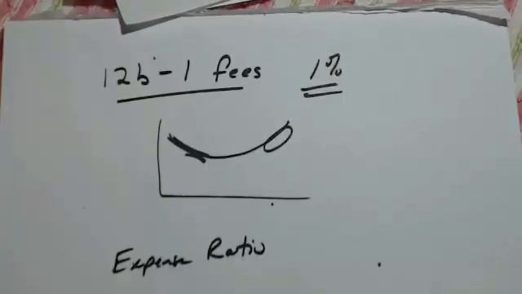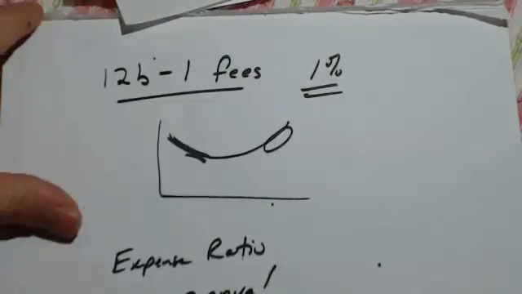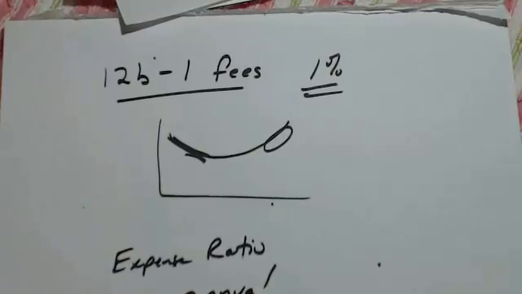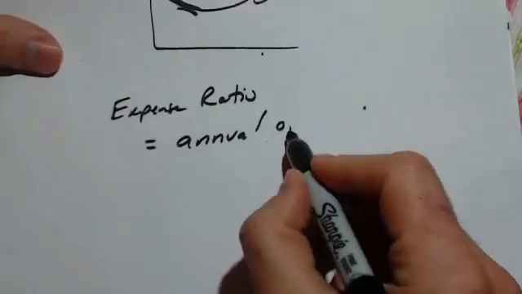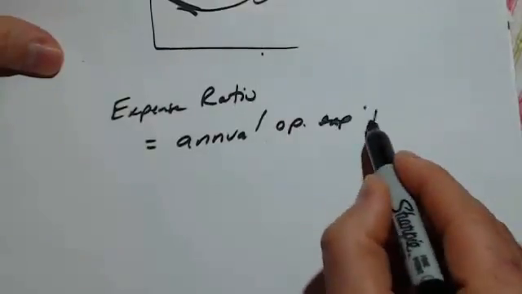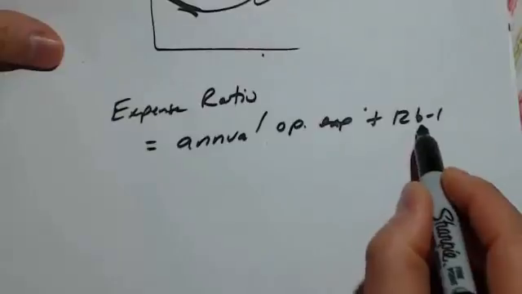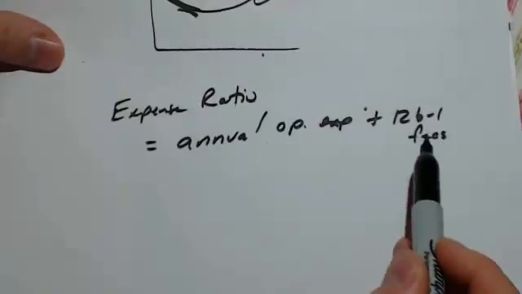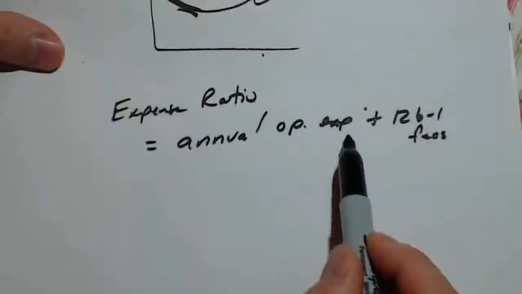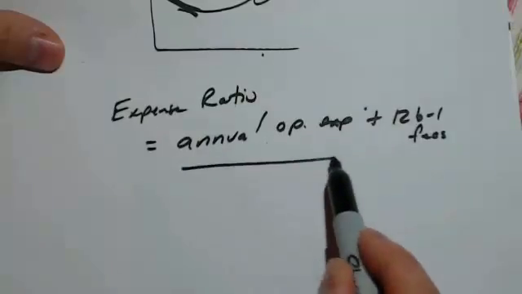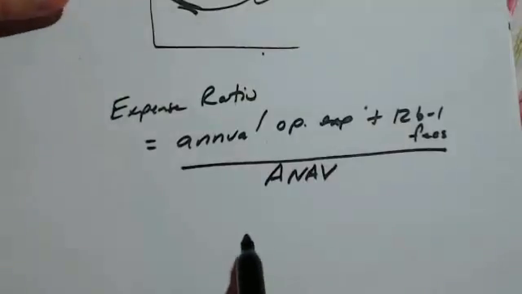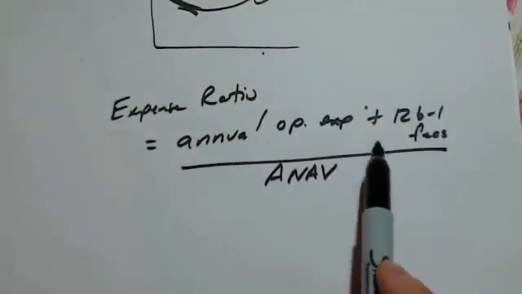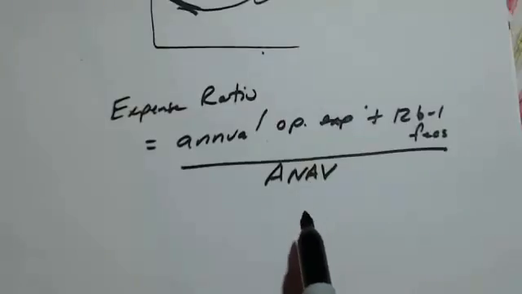An expense ratio is computed as the annual operating expenses, plus 12b-1 fees, which are typically not part of the operating expenses and are separated out, divided by the average net asset value for the year. So while it says annual operating, you might think you only get whacked once for this fee.